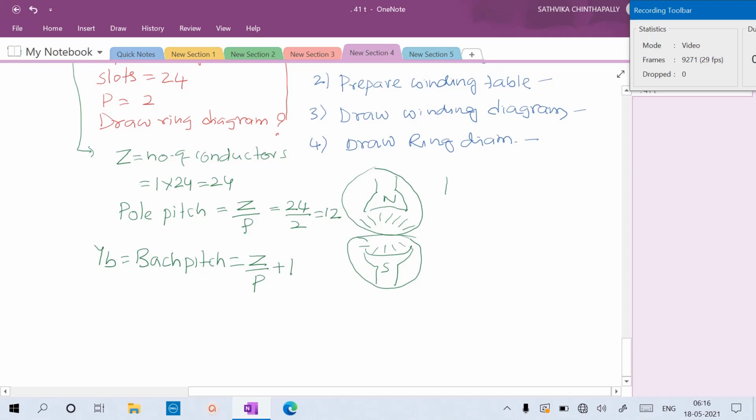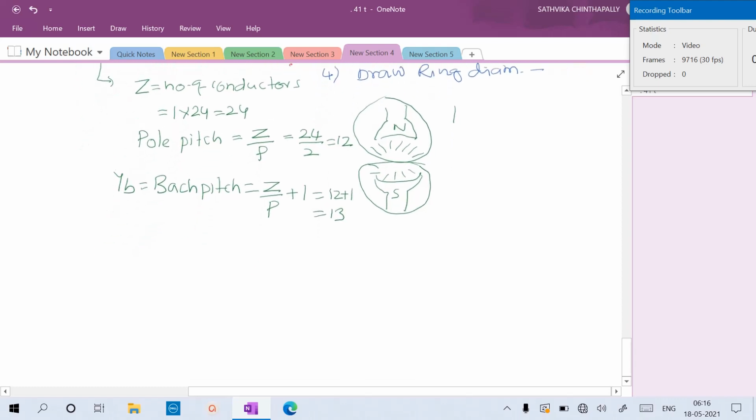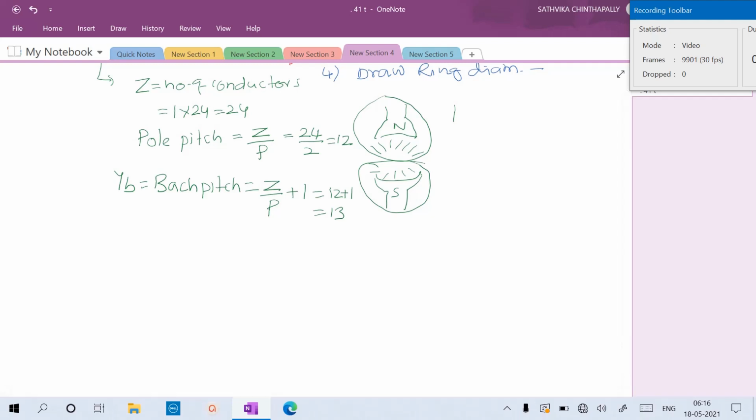Z by P we already know is 12, 12 plus 1 is 13. The back pitch is 13. As we know, back pitch and front pitch are always odd, and 13 is odd. They differ by 2, so it may be plus or minus 2, whether 11 or 15.